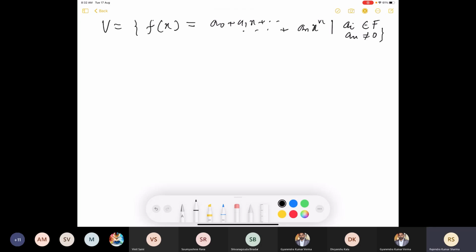So this consists of polynomials in x over a field F, with an not zero. So prior to that, they can be zero. If you take this, this is the set of all polynomials of degree n. But in that case, this doesn't become a vector space. So this is not a vector space.